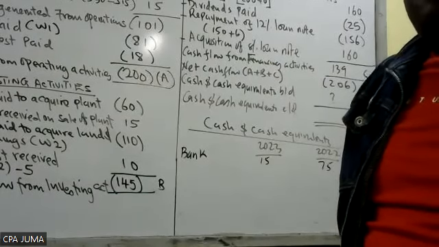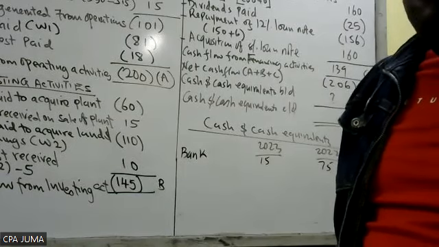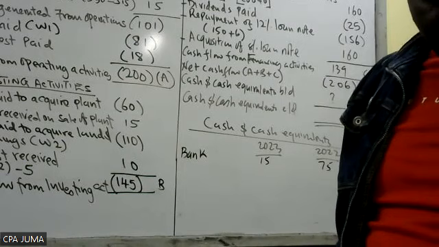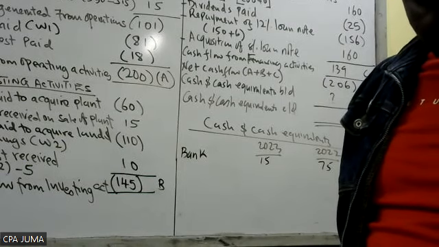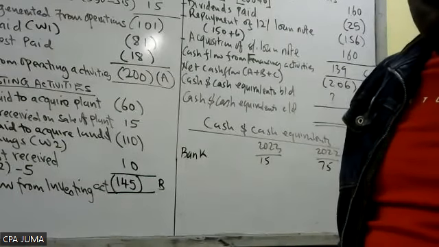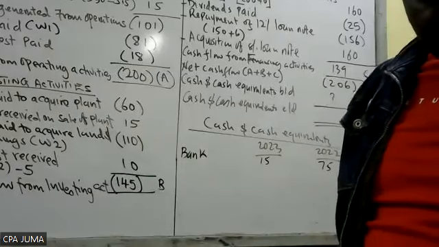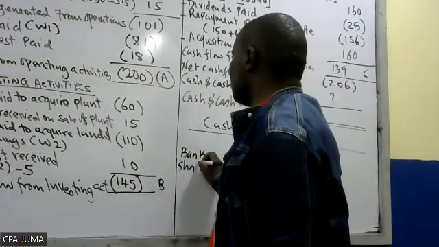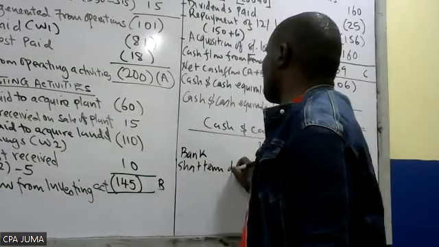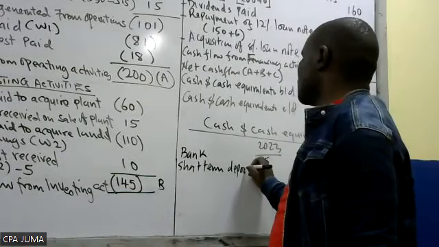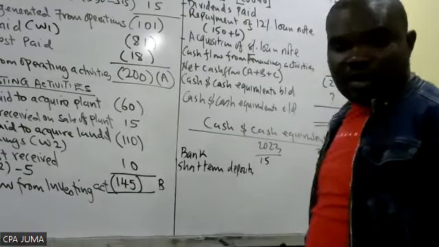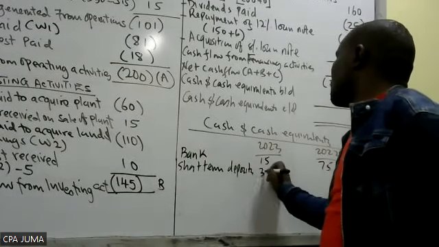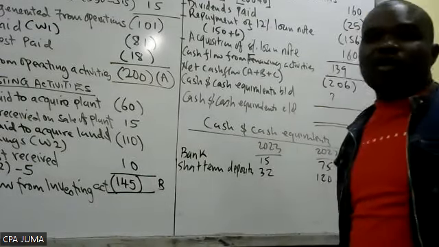Even they say it. But even if they don't say, short-term deposits is a cash equivalent. So that is 32, and the other side, 120. I hope that is okay. 32 and 120.